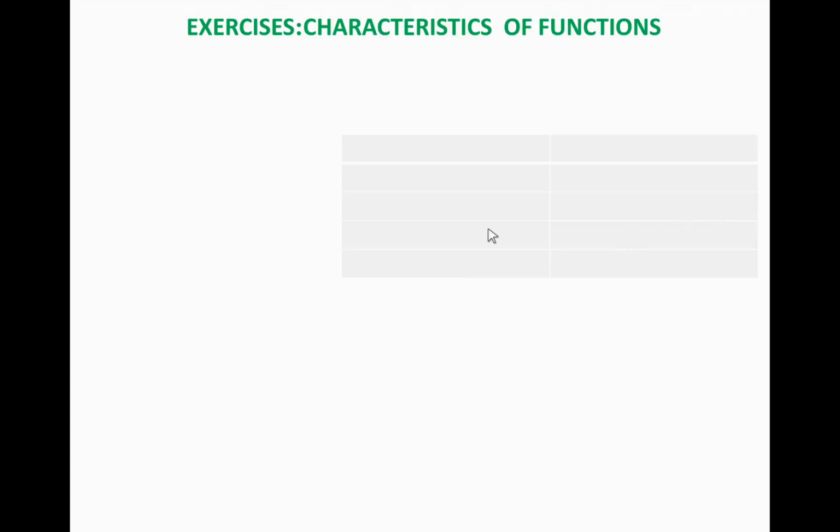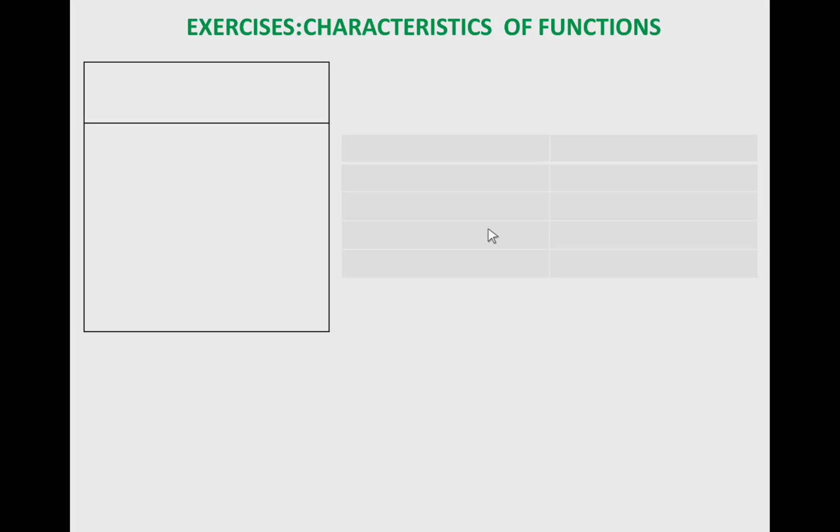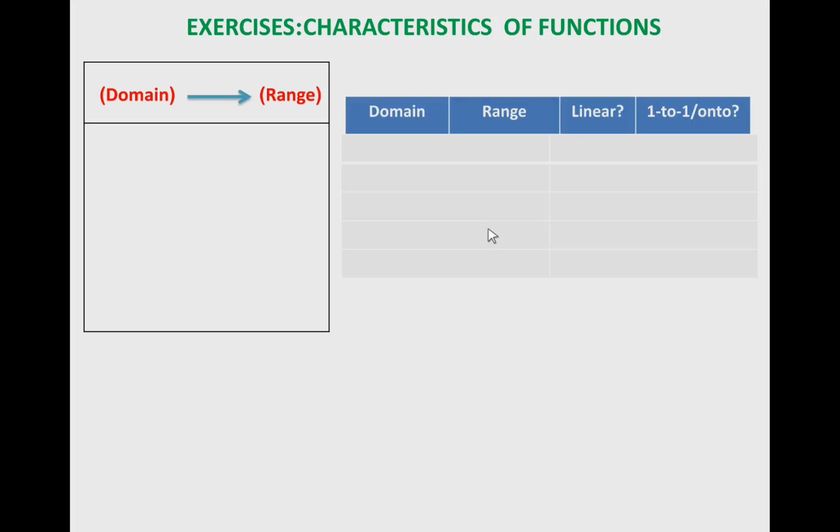We will continue, but now we're going to continue with different characteristics. We want to check if the same functions we evaluated are linear or not, and if the function is one-to-one or onto or neither.